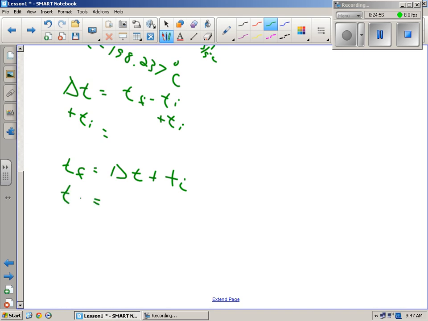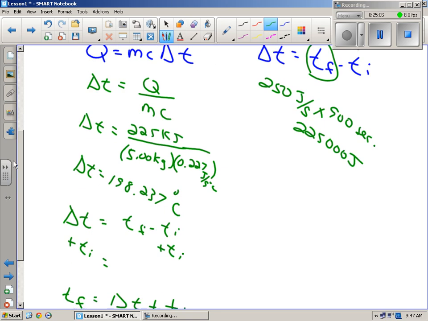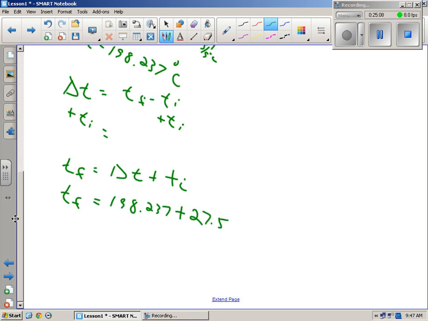So, final temperature, what did I say here? 198.237 and, what was it here? 27 and a half. So we add those two together here, and we will get a final temperature of 225.737 degrees Celsius.